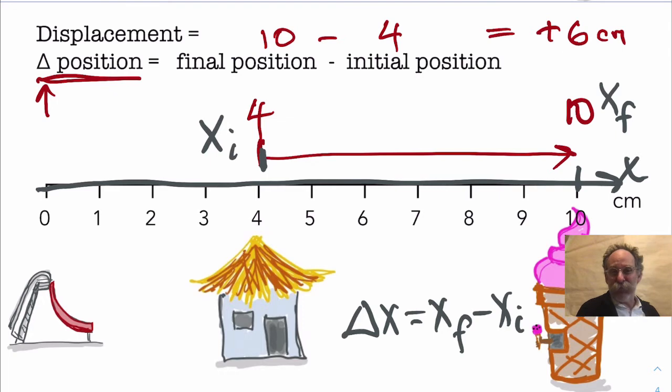And this is different from the x you use in math, where you just use x for anything that's unknown. Here, x is like where you are. That's what we mean by where you are. And we're just using it because that horizontal line often gets called x. It's just common in physics. Okay? That's displacement. Where do you end up compared to where you started? Now let's talk about distance.